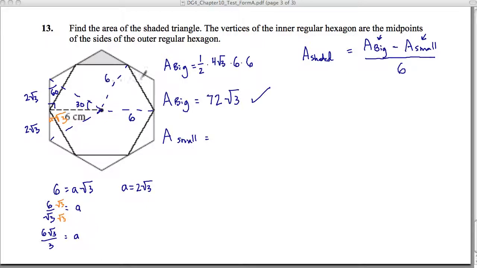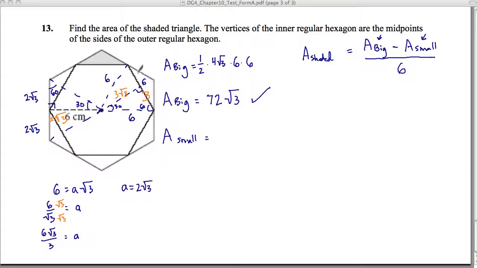So this is 6 and this is 6. We can bisect this part here. We know this is a 90-degree angle. Again, this is 30, 60, 90. So if this length is 6, then this length right here is 3, because 3, 6. And then this length right here is 3 square root 3.